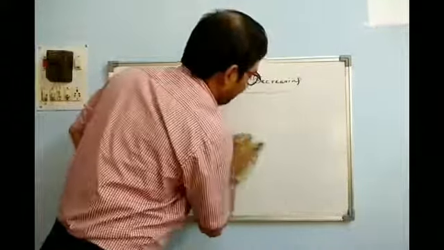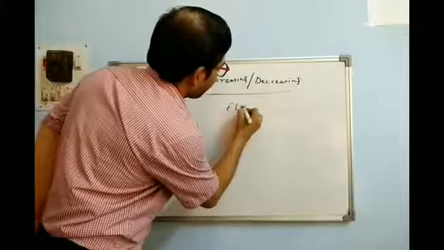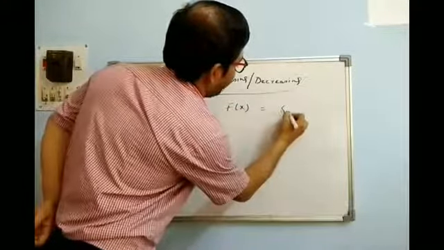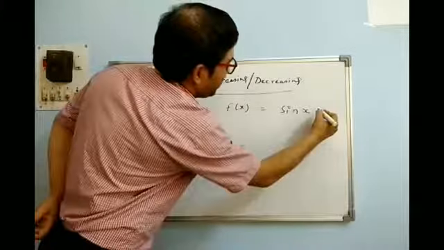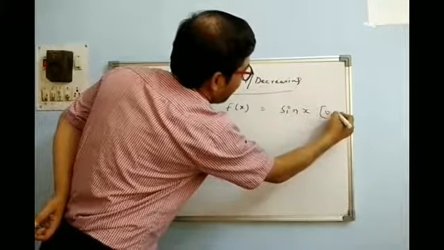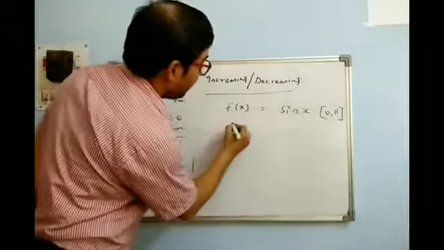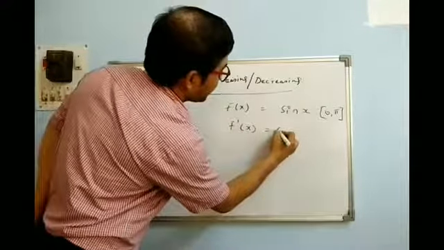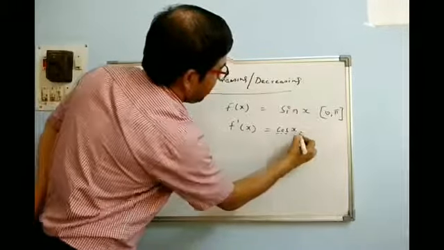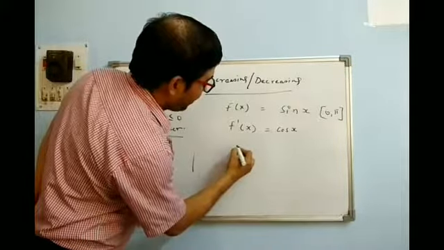One more example I am taking. If f x is equal to sin x, to determine whether the function is increasing or decreasing in 0, pi, I'll find its derivative, which is coming out to be cos x. We know that cos x is positive in the first quadrant.